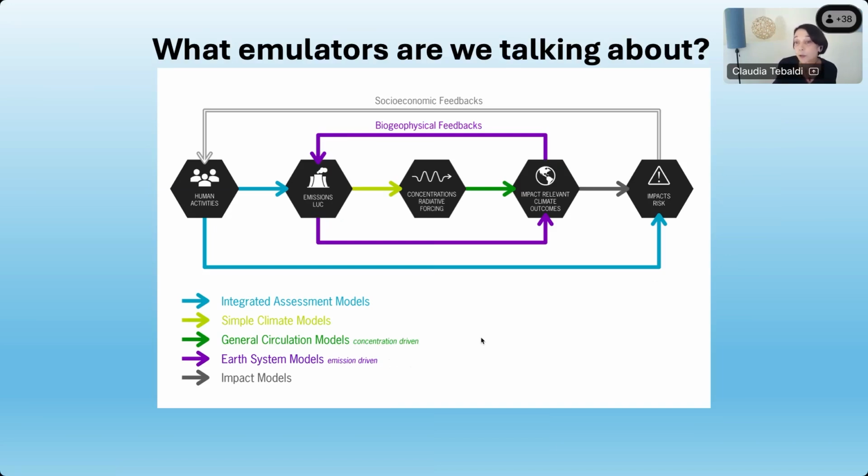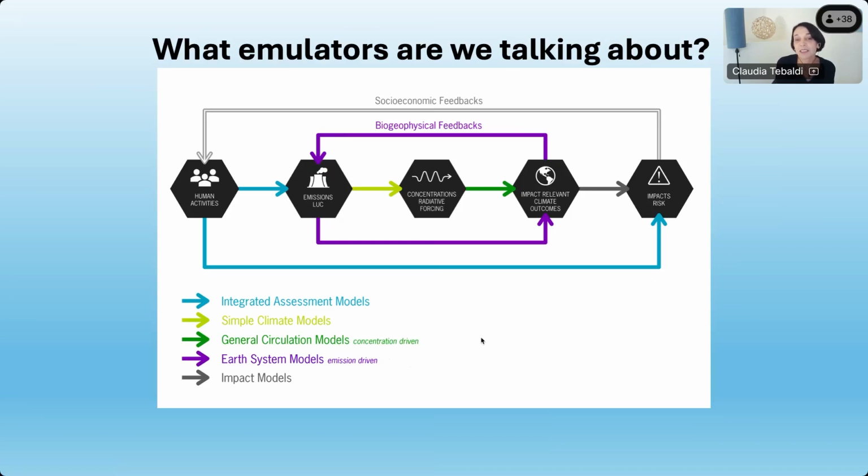And once we do that, we may be interested in representing another type of feedback, which is what we call socioeconomic feedbacks, where we may want to ask, are those impacts large enough to affect the development of human systems, especially the size of the economy, and in turn change the size of emissions that would be otherwise produced if those impacts didn't exist.